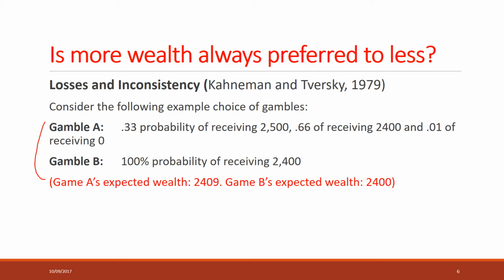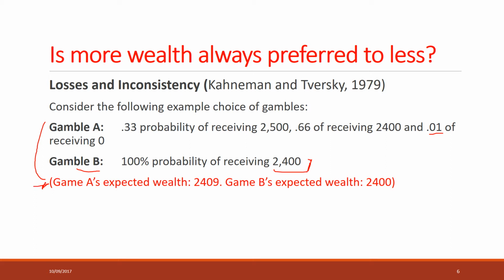They could either choose gamble A, where there is a 33% chance of receiving 2,500, 66% chance of receiving 2,400, and 1% chance of receiving nothing. With the second option, gamble B, this is 100% probability of receiving 2,400. Right. So gamble B has no uncertainty, whereas gamble A has some level of uncertainty in it.